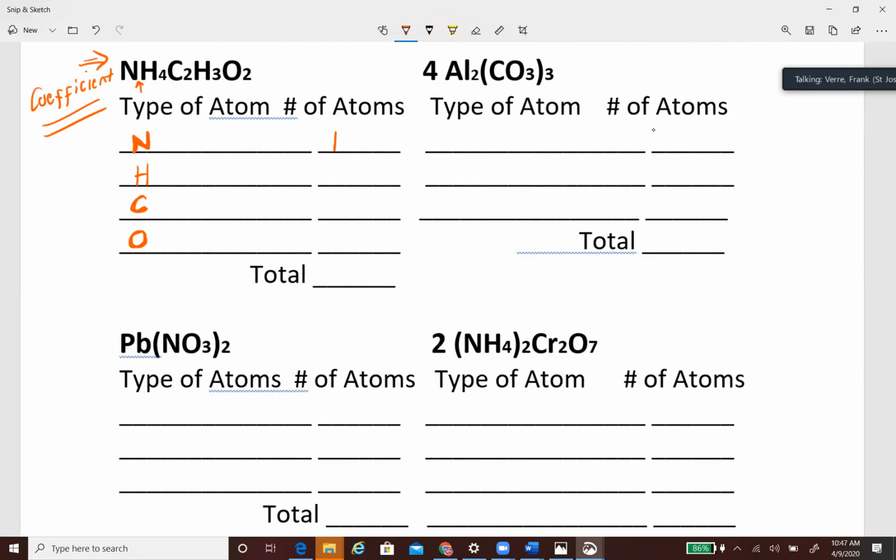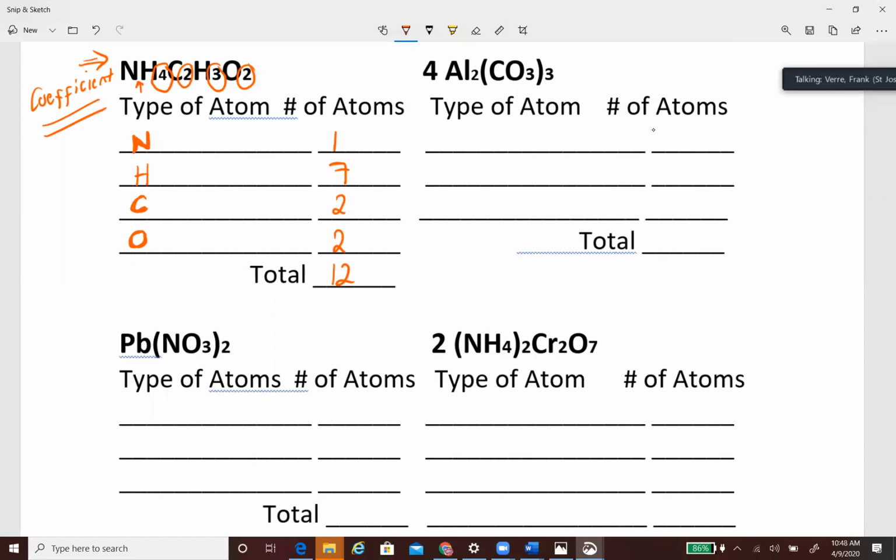Now, if I look at hydrogen, there's 4 over here, and there's another 3 over there. So in that case, I can add them up, and that gives me 7. If I look at carbon, there's just the subscript, so that tells me that there's 2 carbon. And if I look at oxygen, there's just the subscript, so that's 2. So the total number in this case would be 1 plus 7 plus 2 plus 2, so that would give me 12.